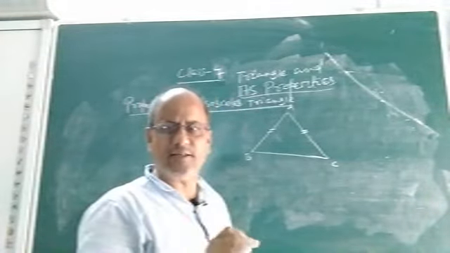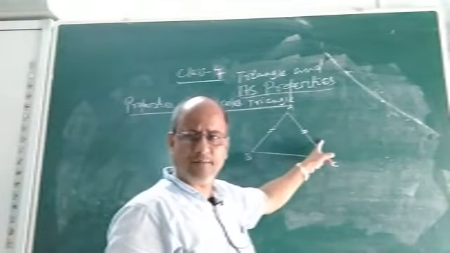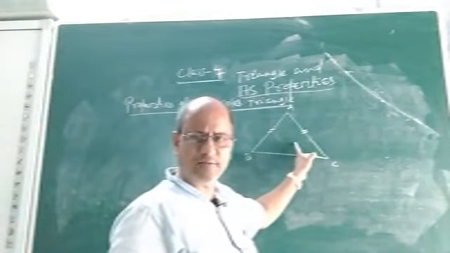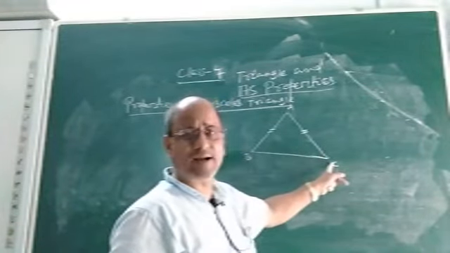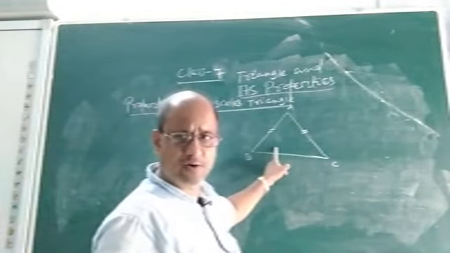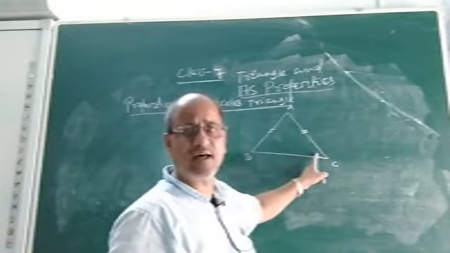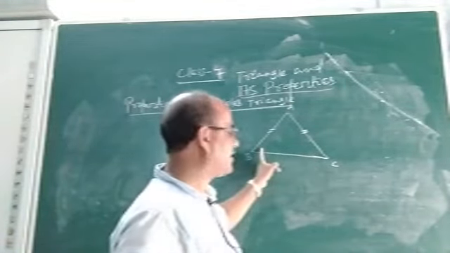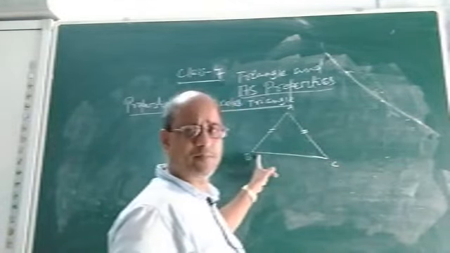Now children, if I ask you, these two sides are equal, so it is isosceles. Which is the opposite angle of the side AC? You can easily say, sir, it is angle B. Which is the opposite angle of side AB? The answer is angle C. That means angle B is opposite to AC, and angle C is opposite to AB.